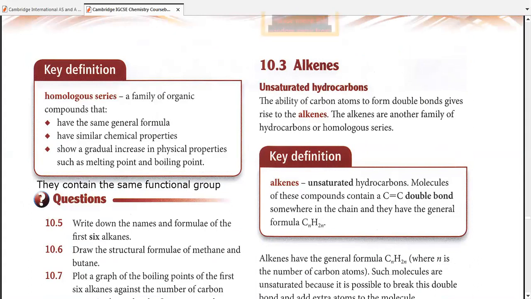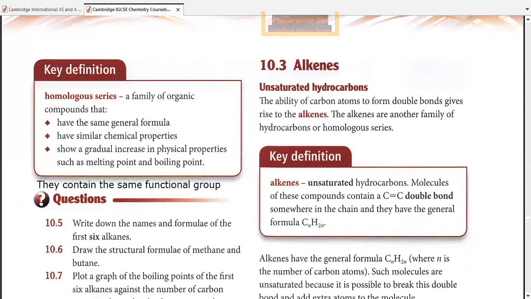And if they have these 4 same things, they can be called a homologous series. So alkane is one of the homologous series. Alkenes, which is the next homologous series in the chapter, though not the topic right after this one. Then there would be alkynes and alcohols and carboxylic acids, and the list goes on.